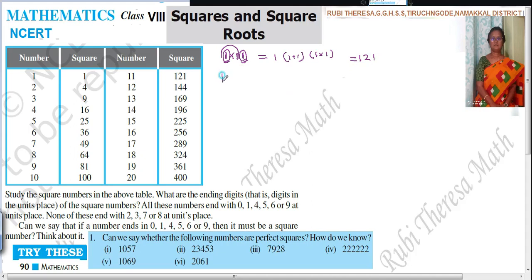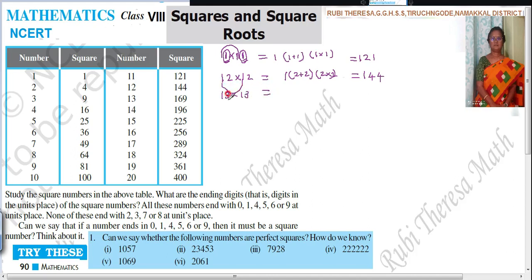Next 12 square, that is 12 into 12, isn't it? That means 2 2s are 4. Next one is 2 plus 2, 4. 1 into 1 is 1. That is 1, 4, 4. 144. 13 into 13.